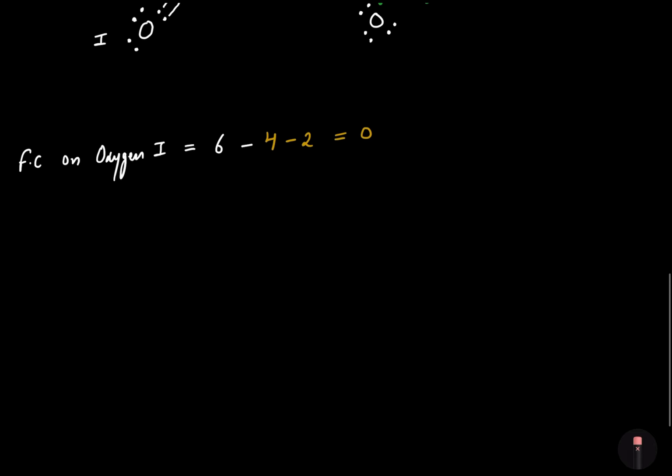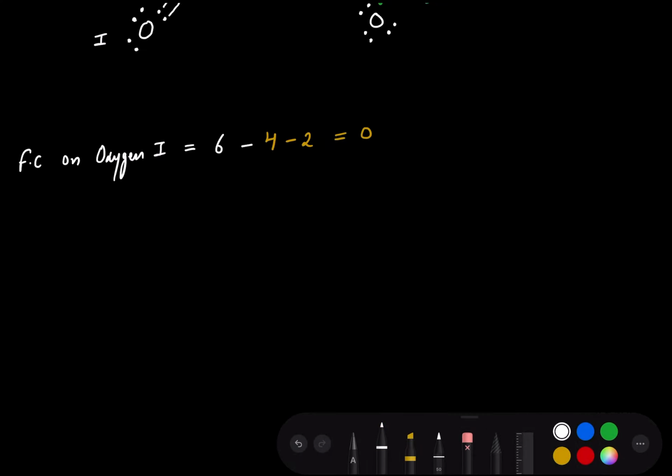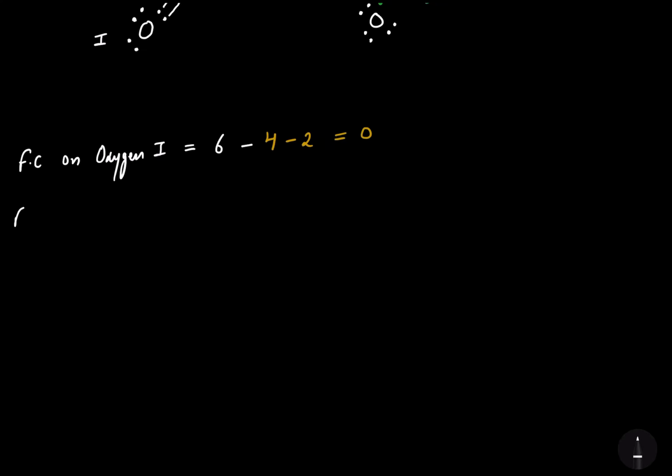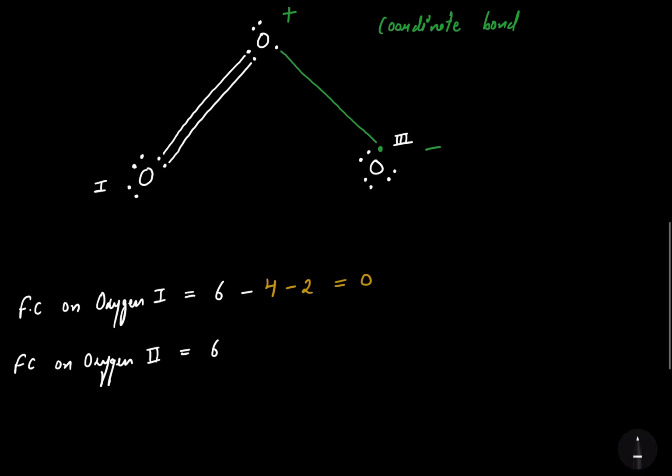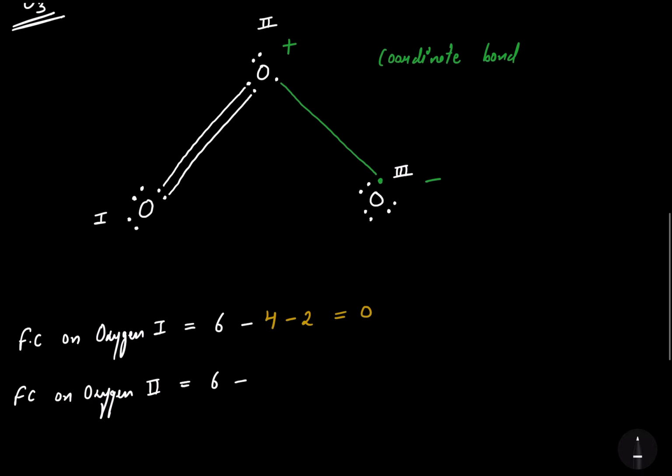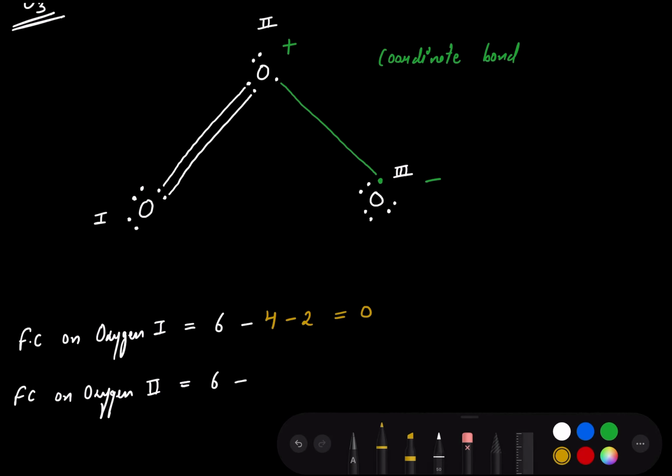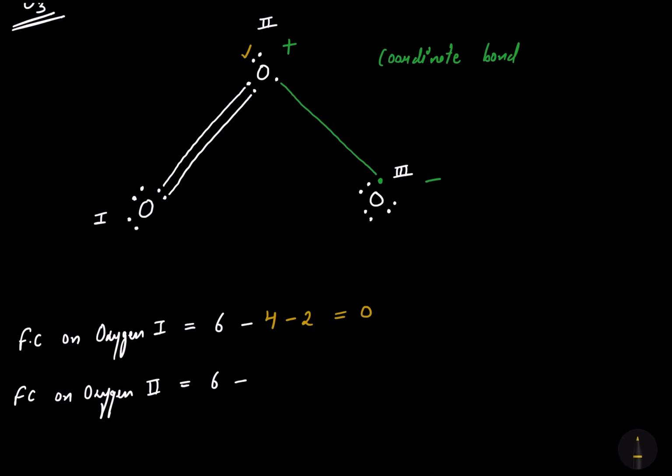That is, oxygen number 1 is neutral. Now let's talk about the formal charge on oxygen number 2. How many valence electrons does oxygen have? It's 6, minus the number of non-bonded electrons. Let's count the non-bonded electrons for oxygen number 2. That's number 1 and number 2. There are only 2 non-bonded electrons.